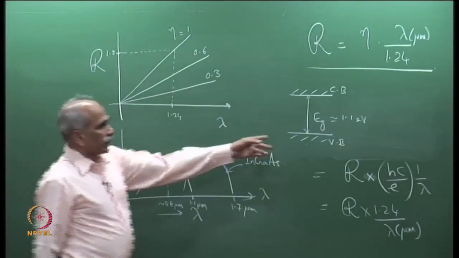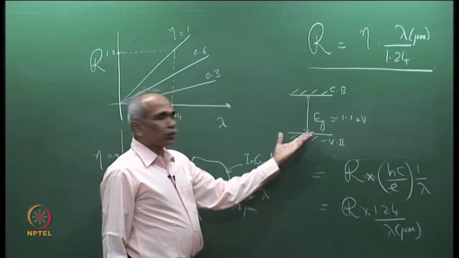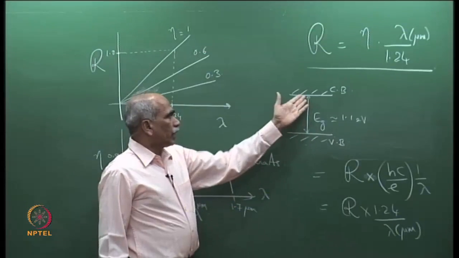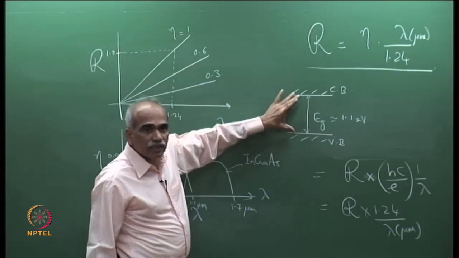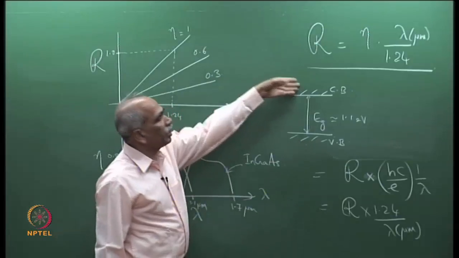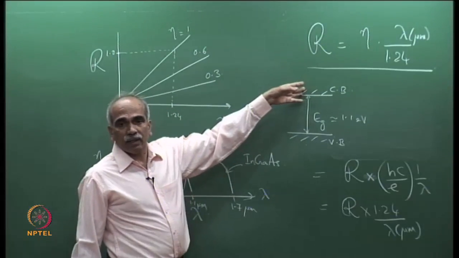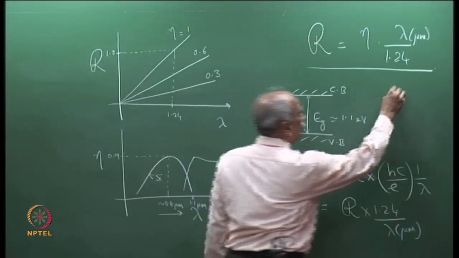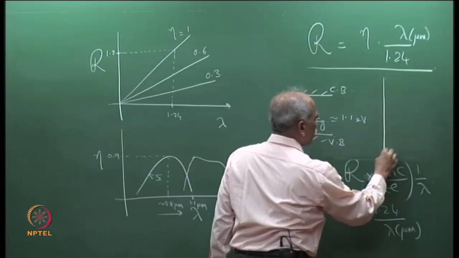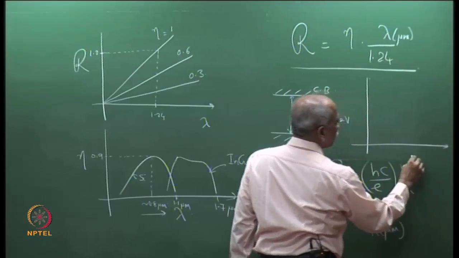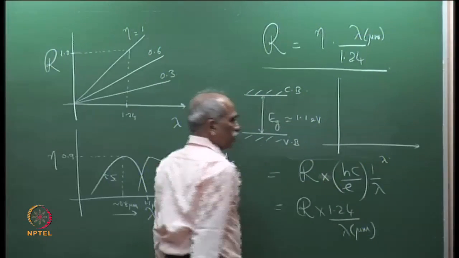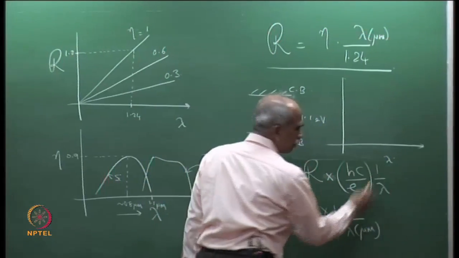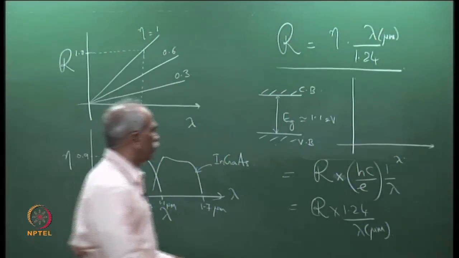In interband absorption, the absorption coefficient goes to almost 0 for energy less than the band gap. There cannot be electron hole pairs created, and therefore the absorption coefficient goes down to 0. If you remember the graph for absorption coefficient, let me better plot it in terms of photon energy.